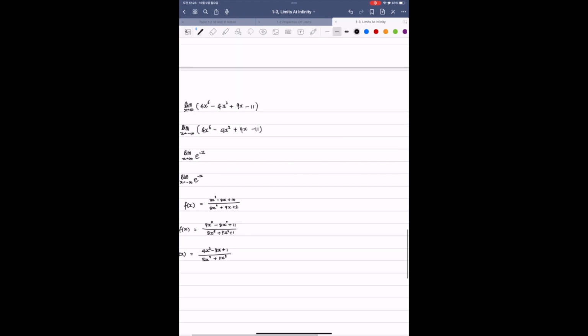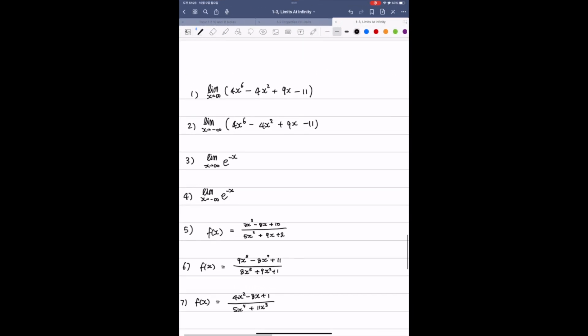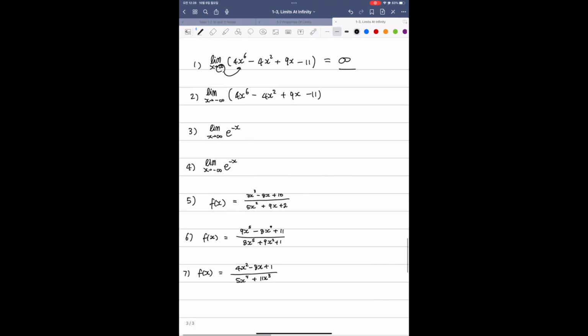So, the example questions. By looking at this, you'll know this equals infinity. Because by plugging in infinity for x, you know that infinity to the 6th power is still infinity. So it is infinity. Second, this time is different.